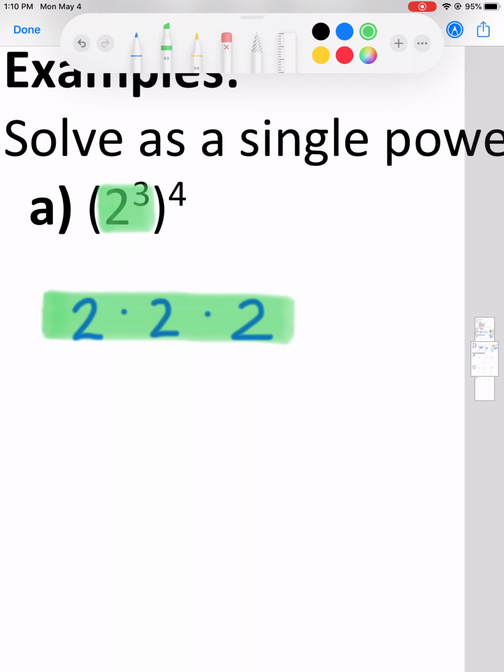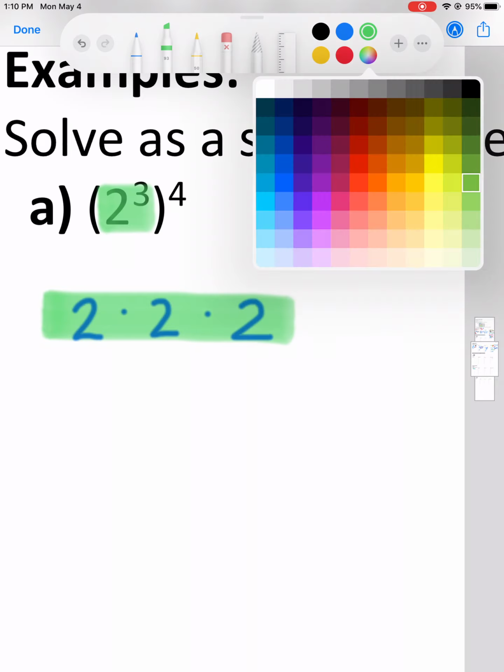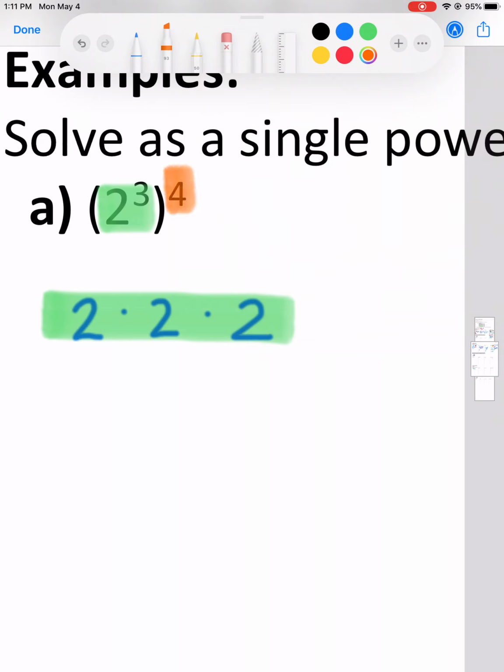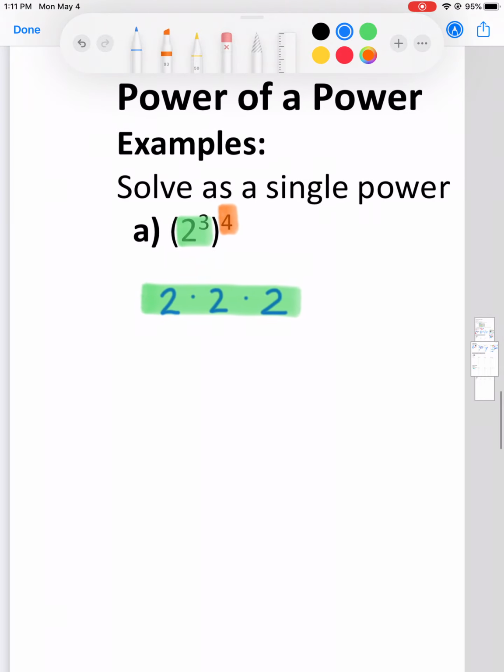But we're not done yet because we have 4 of them. That's what that means. Okay? So because we have 4 of them, here's 1. I need another one. I need another one.